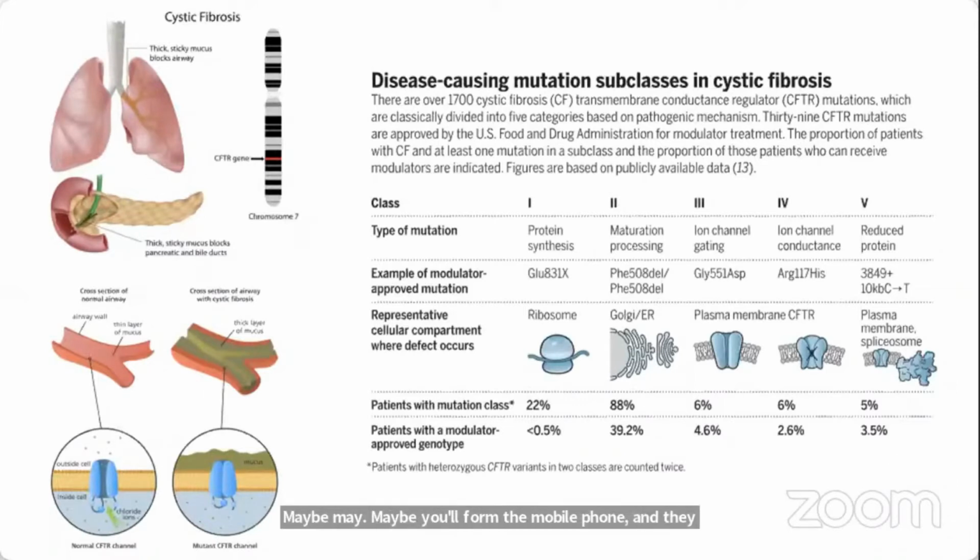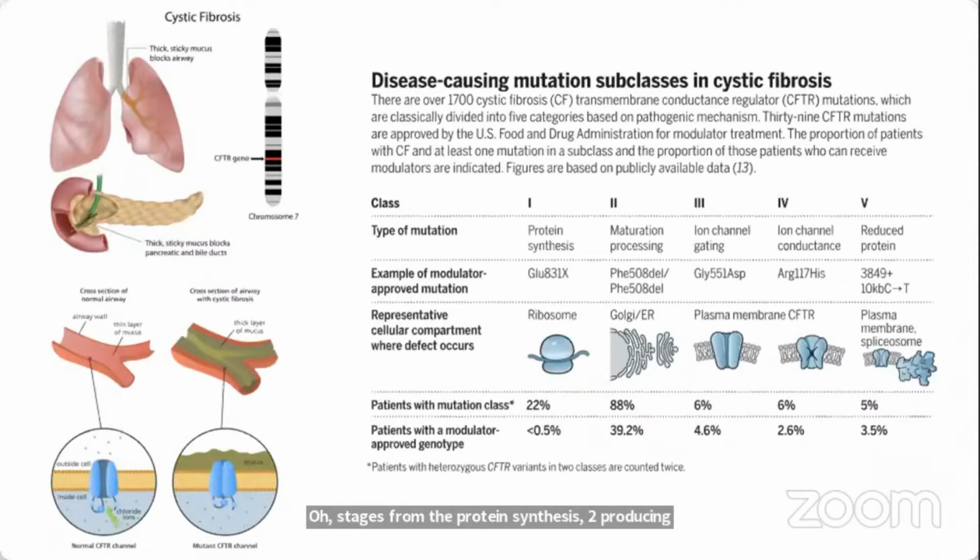Depending upon the variety of different variants, there are 5 classes of these CFTR mutations, and they can occur at different stages, from protein synthesis to producing insufficient protein.